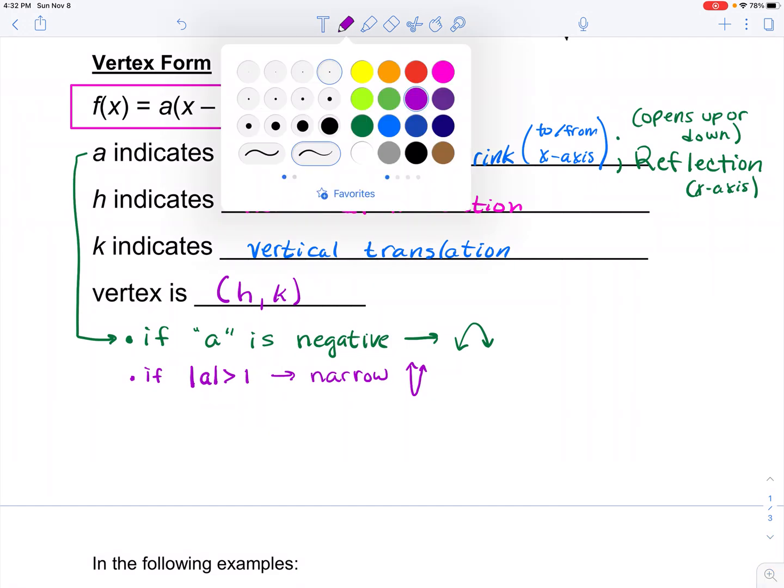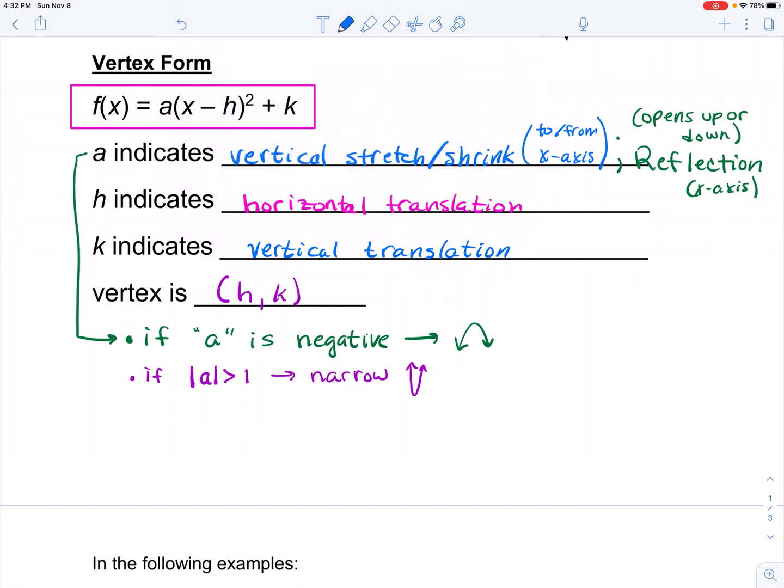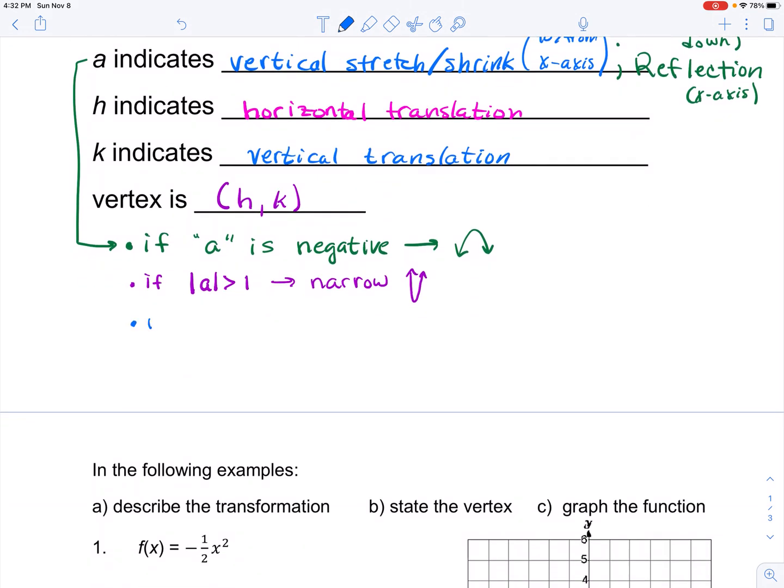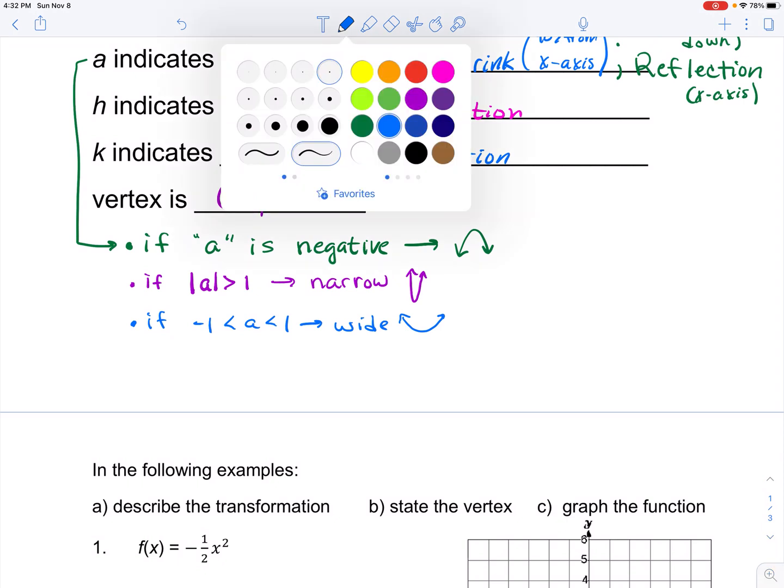If your a value is between -1 and 1, so it's a fraction, it's going to be a very wide parabola like that. So it all depends on, if you were to expand it, we'll talk about what it may look like with the next 3 examples.